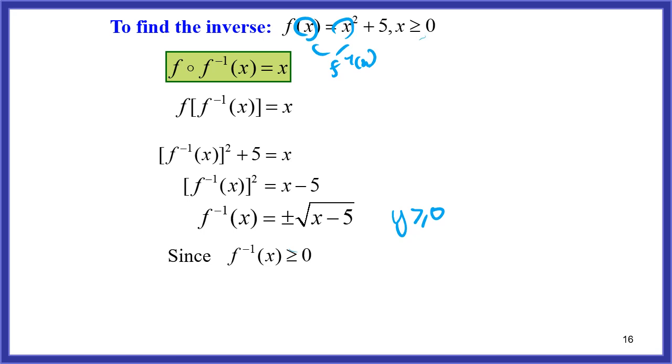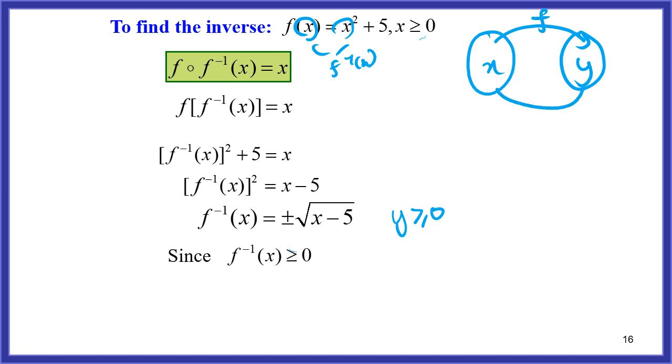Remember, this is x, this is y. So x to y is a function. So y gets back to x by using f inverse. So if x for f should be more than or equal to 0, it means it's the y for f inverse.